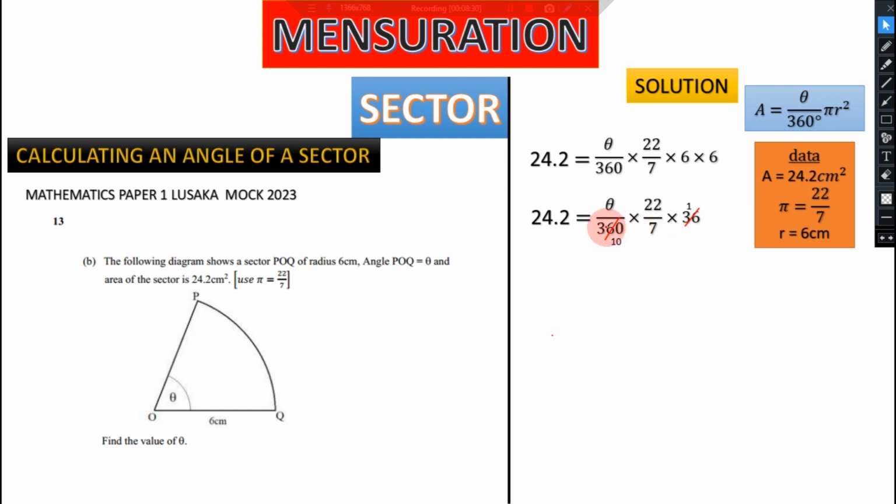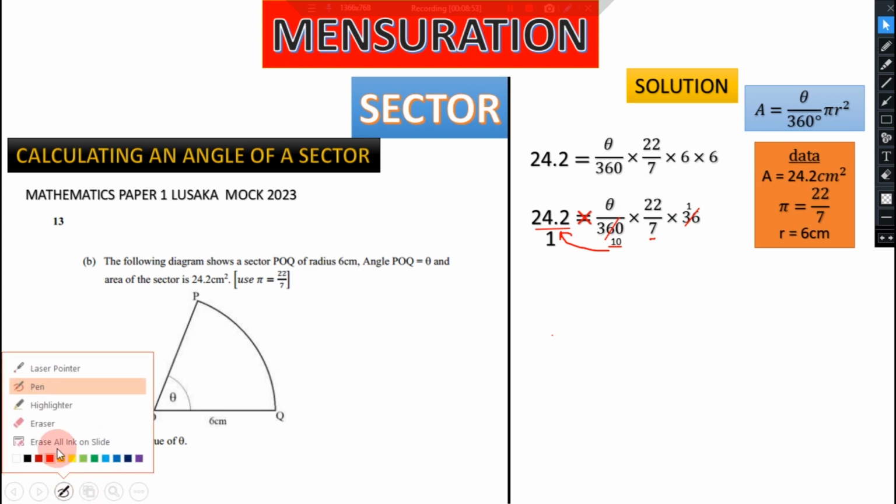We introduce a 1 on the left hand side because we want to cross multiply. So the 7 down here and the 10 will be multiplied to the 24.2, and the 1 down here will be multiplied to the theta and the 22.